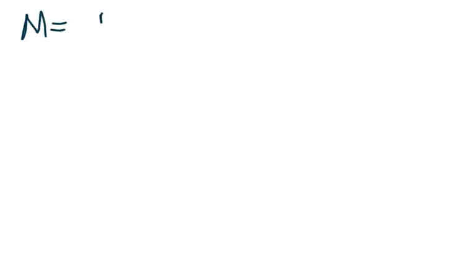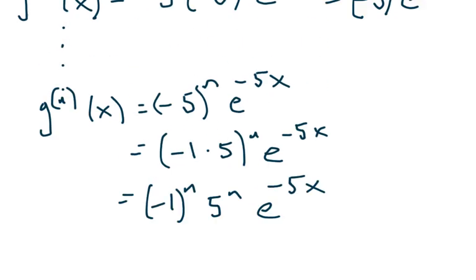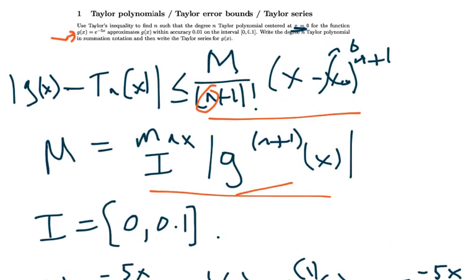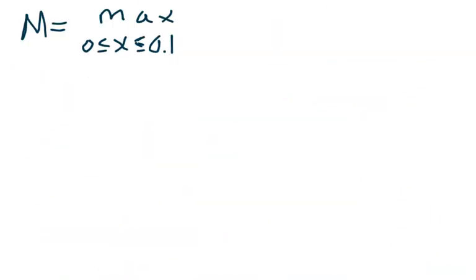M is equal to the maximum, where our interval is 0 less than or equal to x less than or equal to 0.1, of gn plus 1.